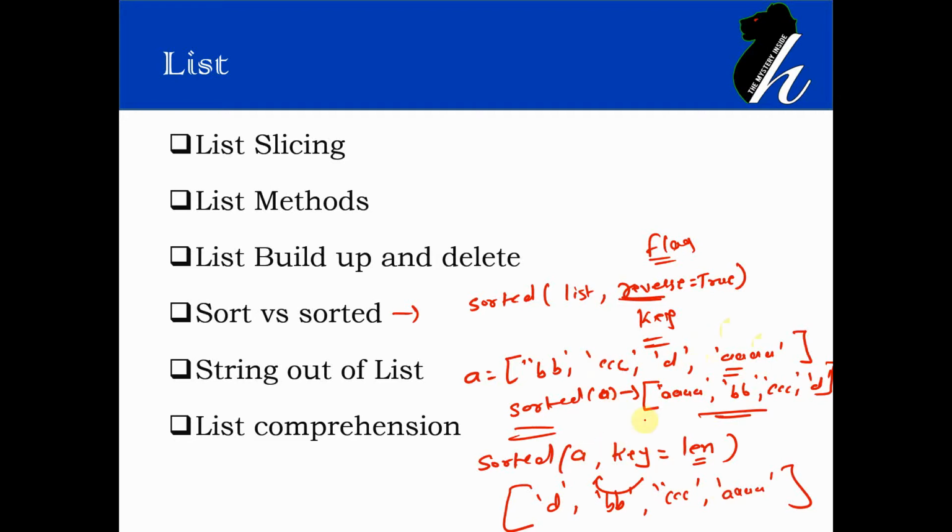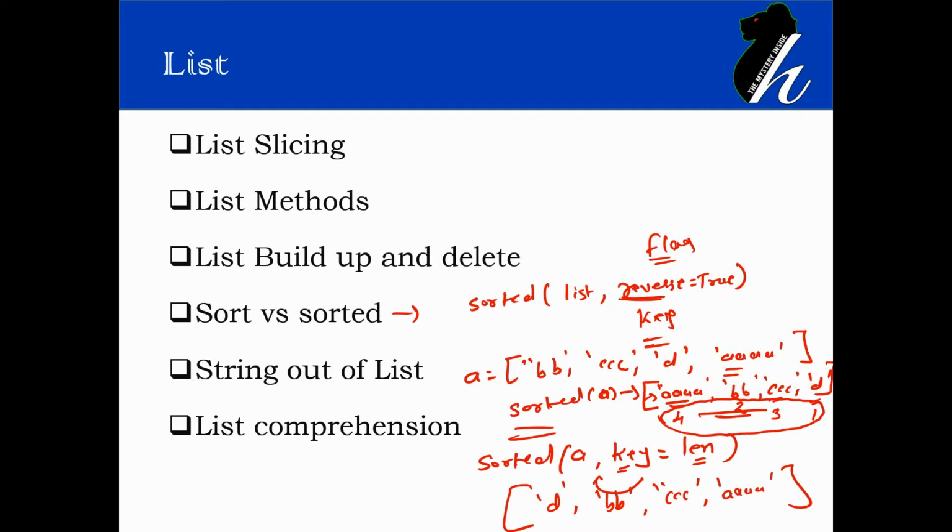Why am I getting this particular output? The key value is length. So the length of this is 4, the length of this is 2, the length of this is 3 and the length of this is 1. It is actually performing sorting on this key value rather than on the alphabet itself. Like this, sorted would be more useful.